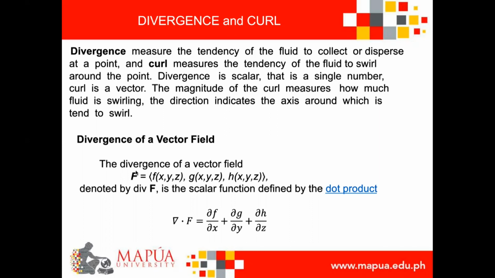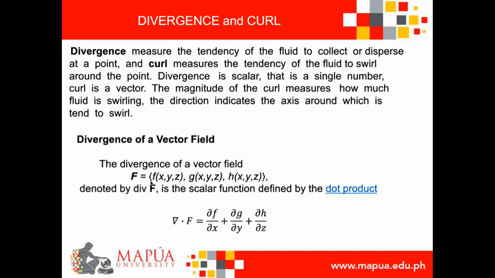The divergence of a vector field F equals, in angle bracket form, f of x, y, z, g of x, y, z, and h of x, y, z, denoted by div F, is the scalar function defined by the dot product of del and F, equal to the partial derivative of the function f with respect to x plus the partial derivative of the function g with respect to y plus the partial derivative of the function h with respect to z.